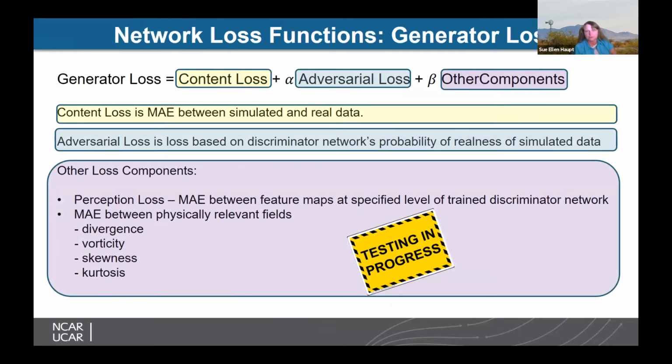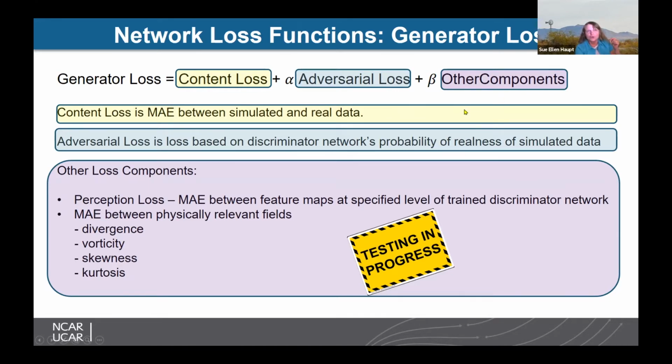Now, the generator loss function, the first term of it is typically a content loss. That's where you judge the difference between each pixel, in this case, grid point data, between the simulated or the generated data versus the real WRF LES output. That's the primary loss, but then we add in an adversarial loss that is based on that discriminator probability that we saw on the prior slide.